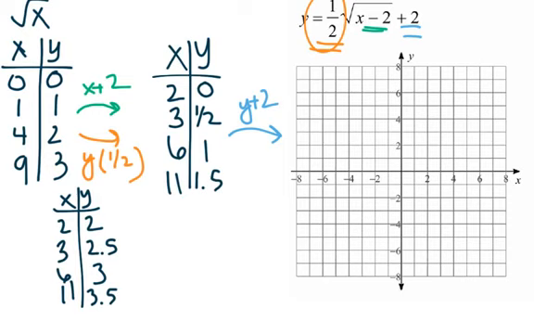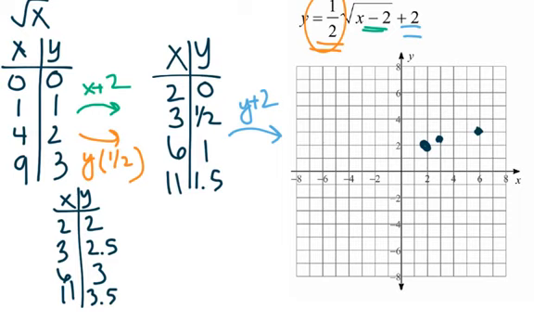Okay, now that I have my points, I just need to plot them on my graph. I like to plot my points before I find my domain and range. You can find it algebraically if you would like. 6, 3, and 11, 3.5. So this point won't actually fit, but sometimes it does, and sometimes it can help us with the shape.